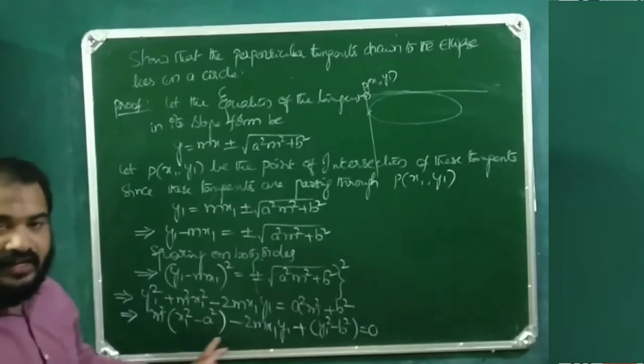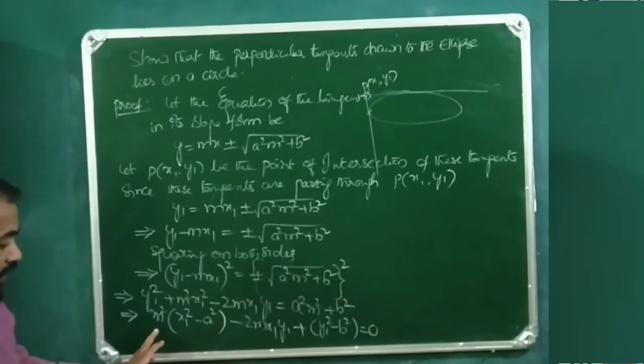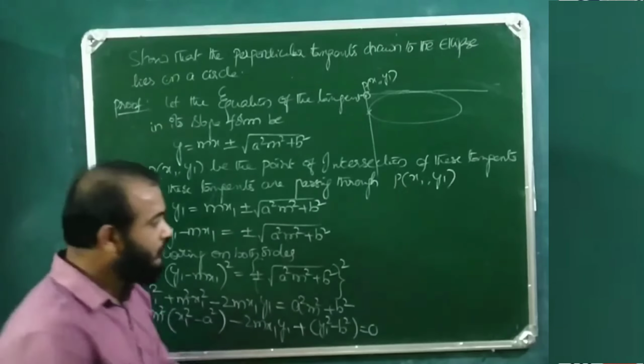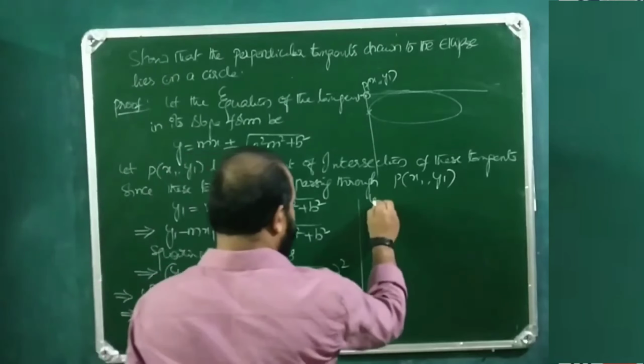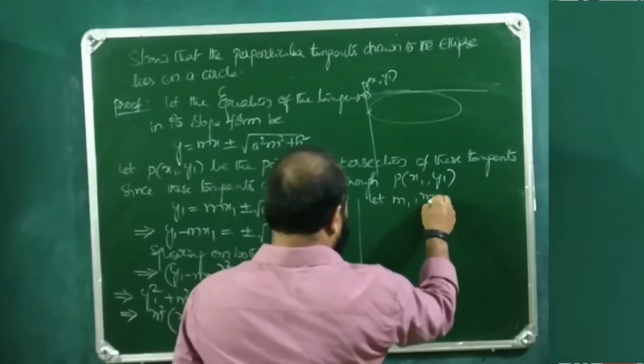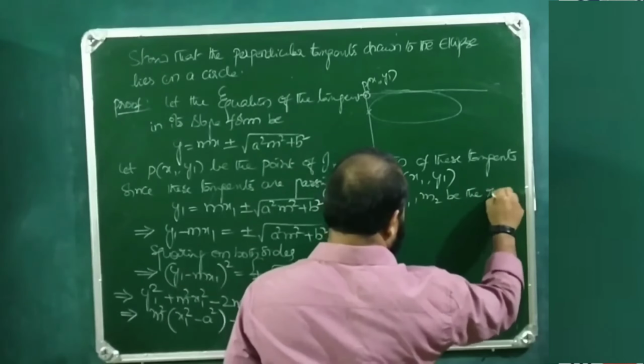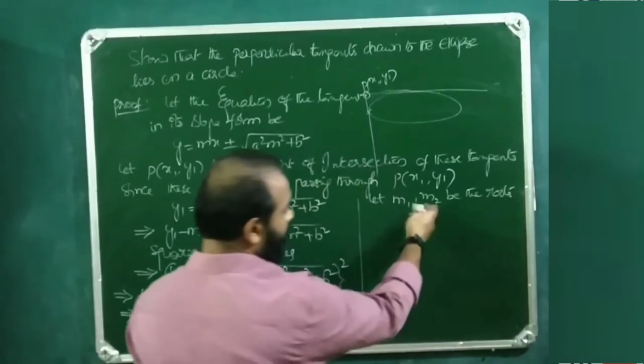So this is clearly a quadratic equation in terms of m. Let m1, m2 be the roots. What are m1 and m2?